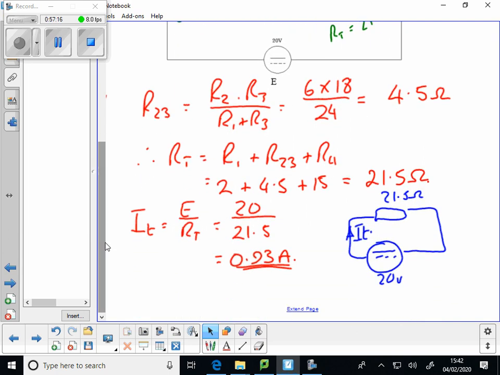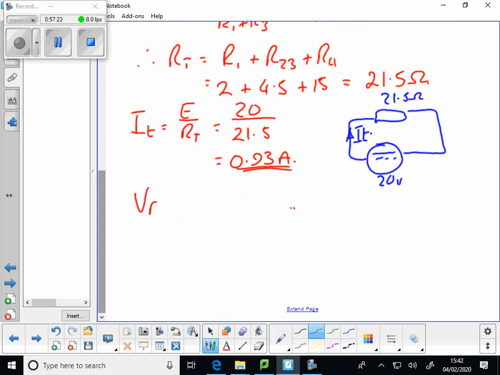So we can find V1. V1 or VR1, I'll call it V1. It's V1 on the diagram, isn't it? V1 is equal to IT times just R1. That's 0.93 times 2 equals 1.86 volts.